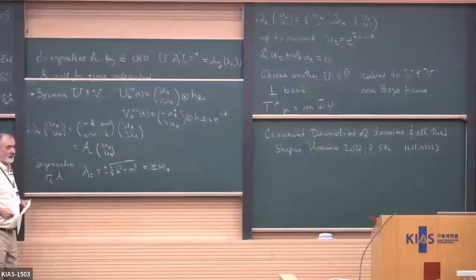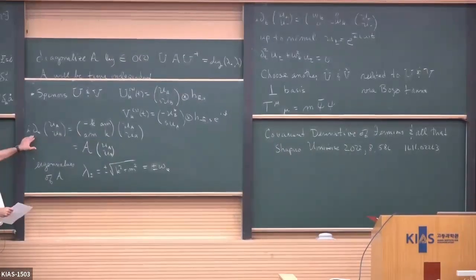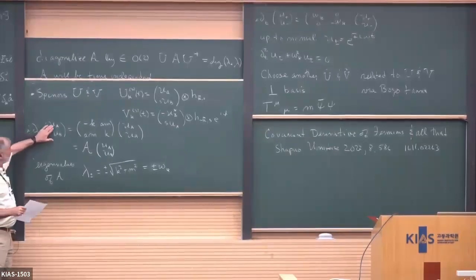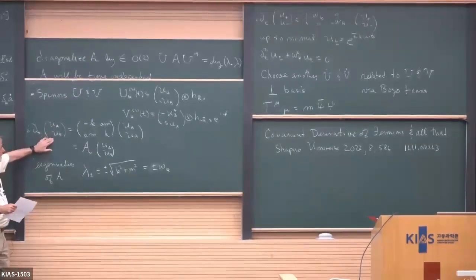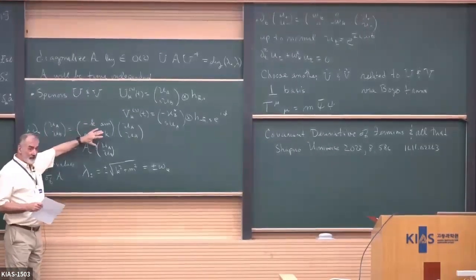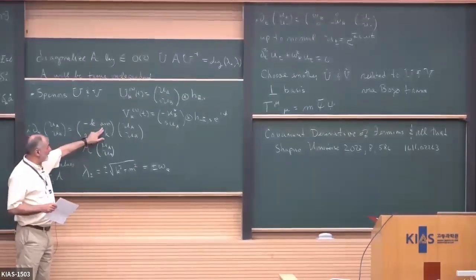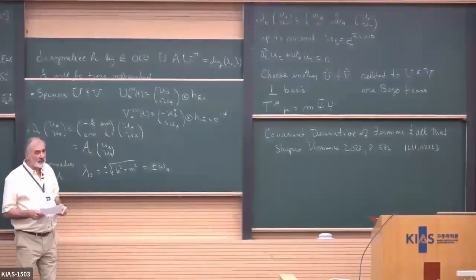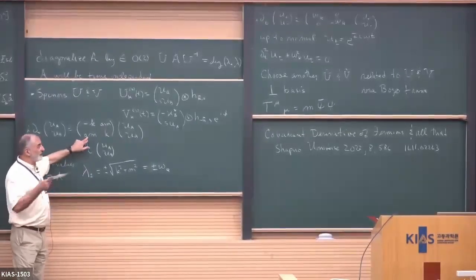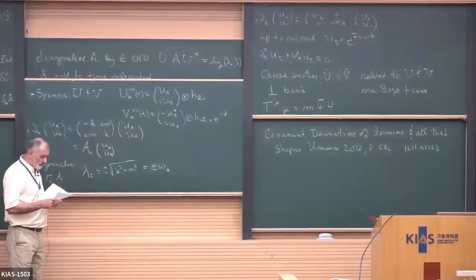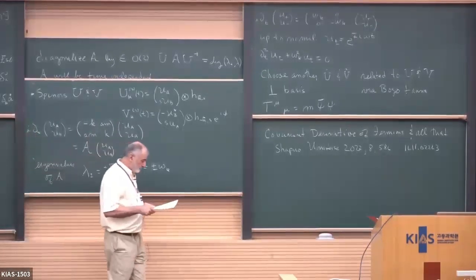The scale factor enters. So the Dirac equation in terms of the spinors UA and UB looks like the one for Minkowski space, except the scale factor enters. And of course, in Minkowski space, the scale factor is 1, and you recover the usual Minkowski space result.